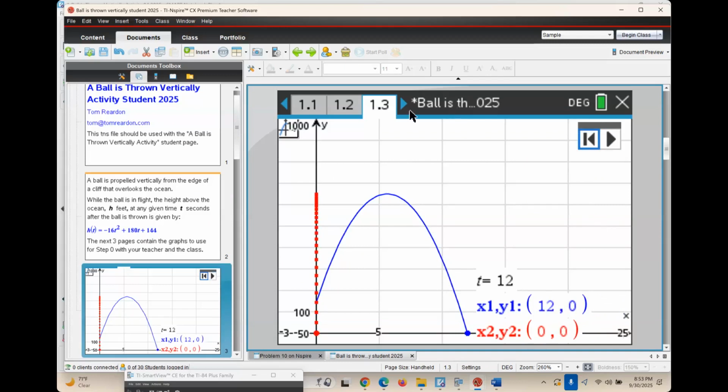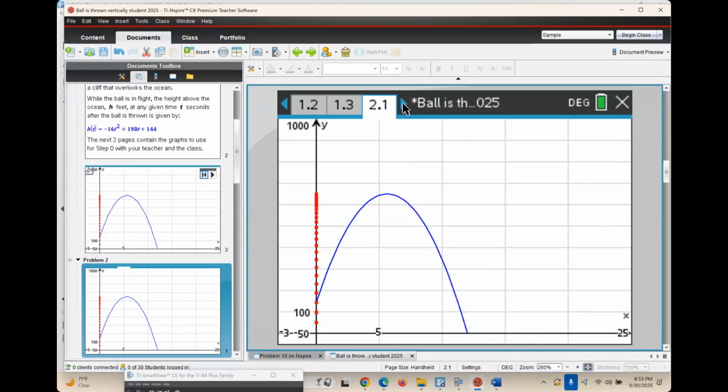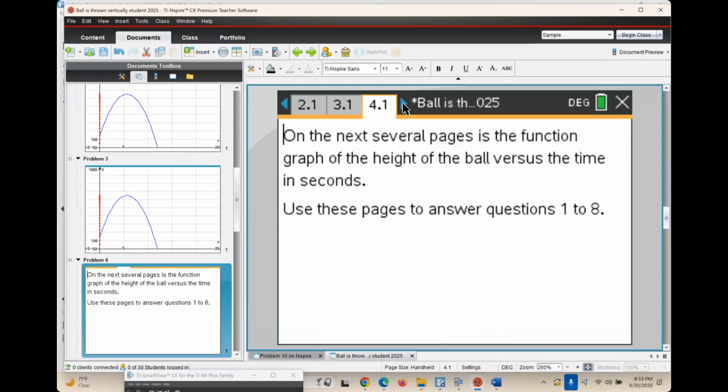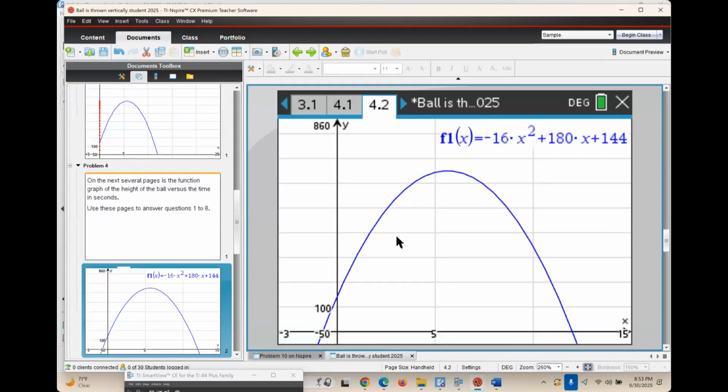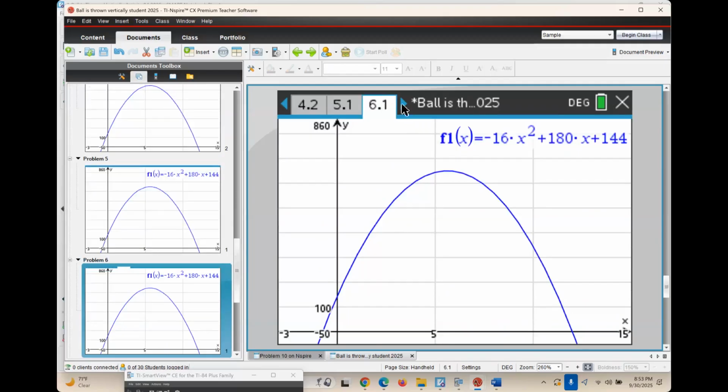On this, I also have a couple more of these if you want to play with them. I also drew a lot of these so that they could do maybe each question on a separate one. So you could say question 1, question 2, question 3, and so on. So those Nspire people, I didn't forget about you.